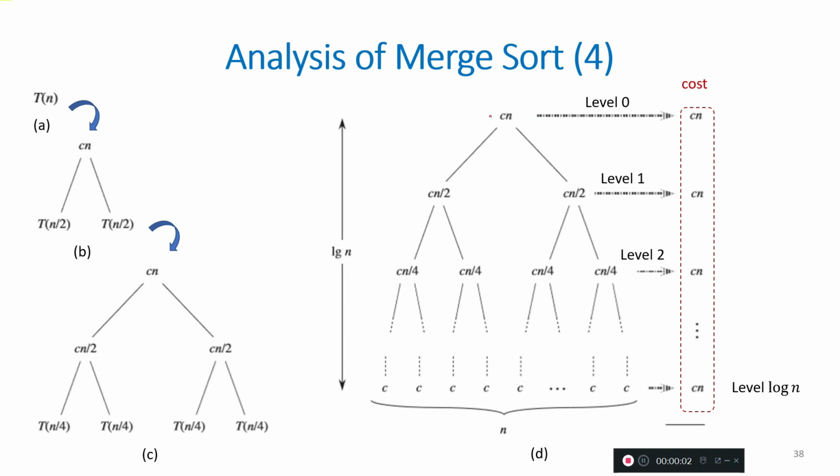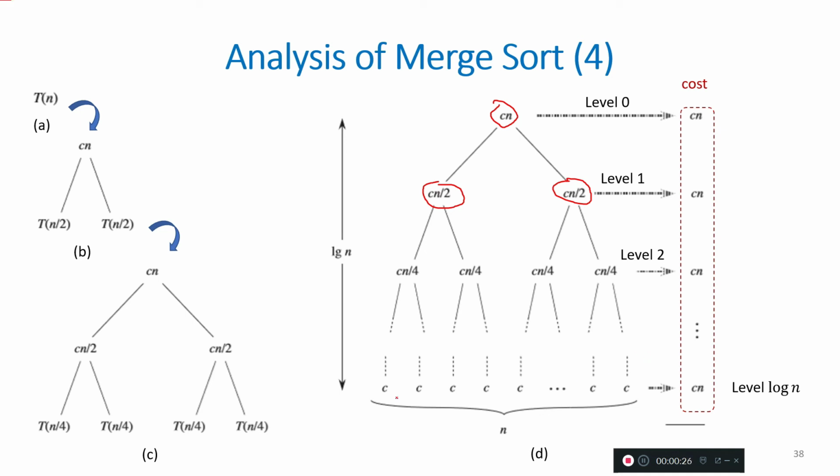So level 0 contains 1 node. Level 1 contains 2 nodes. Level 2 contains 4 nodes. And if we keep doing this, we reach the last level where there would be n nodes. So we can generally say level i contains 2 to the power i nodes.